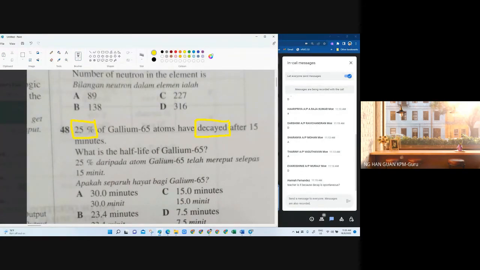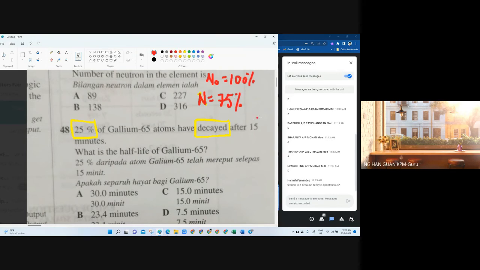It means how many percent remain? 75% remain. So in the end, after 15 minutes, what we have is 75%. So what is the original? The original will be 100%.